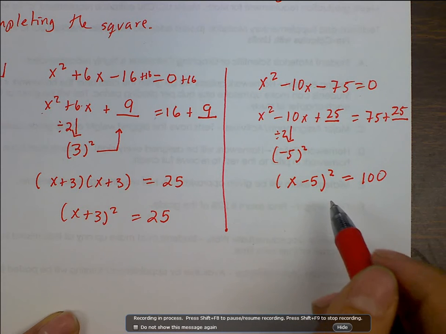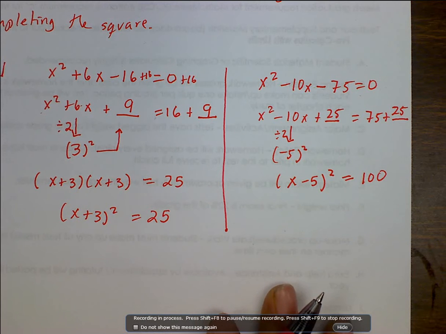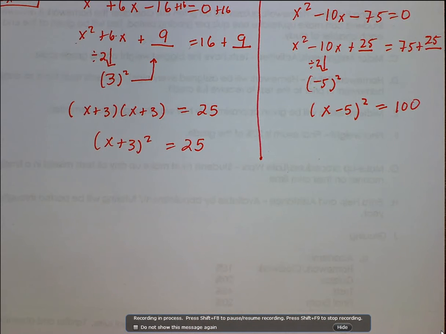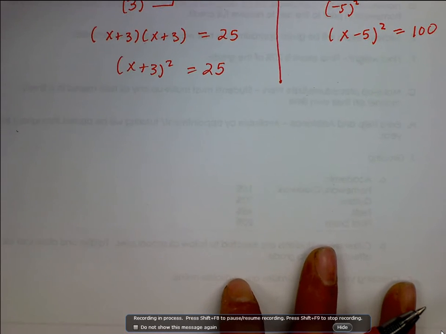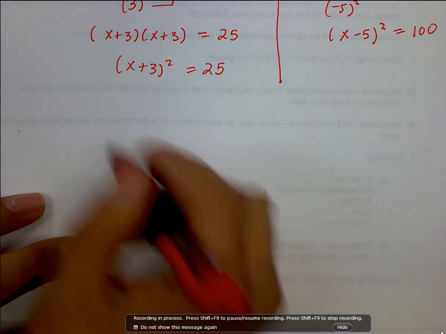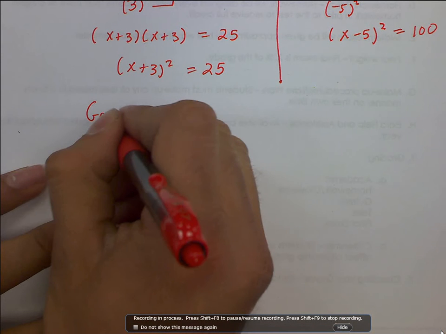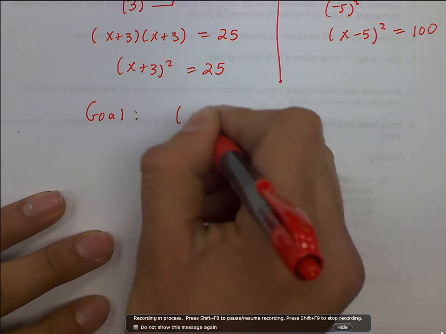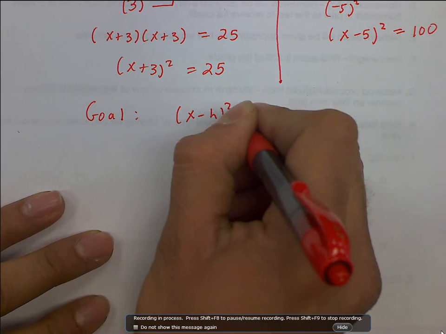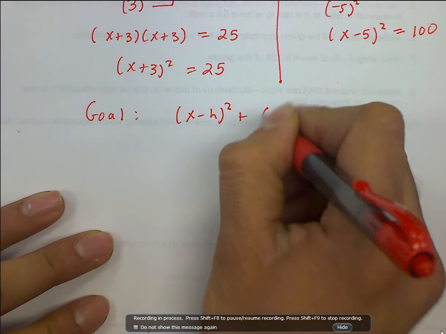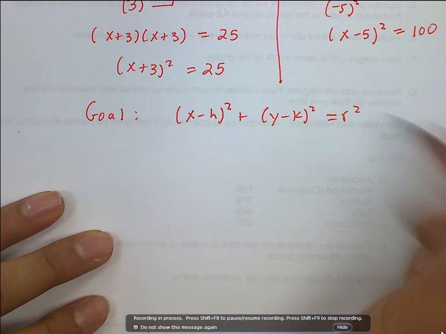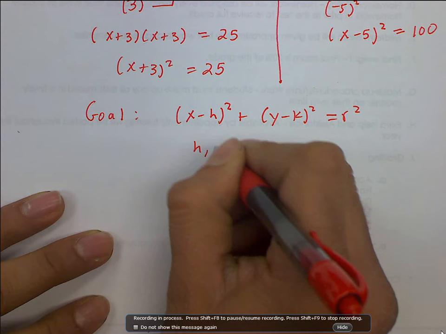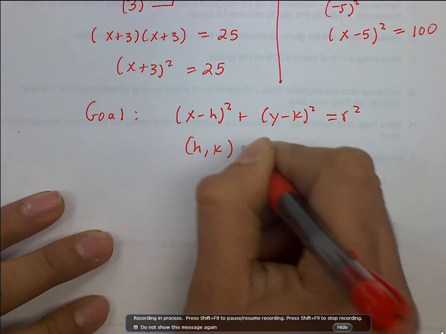And so now we are going to write the equation of a circle that is given to us, and we have to write it in this form. Our goal is to write the equation as x minus h squared plus y minus k squared is equal to r squared, where h comma k is your center.